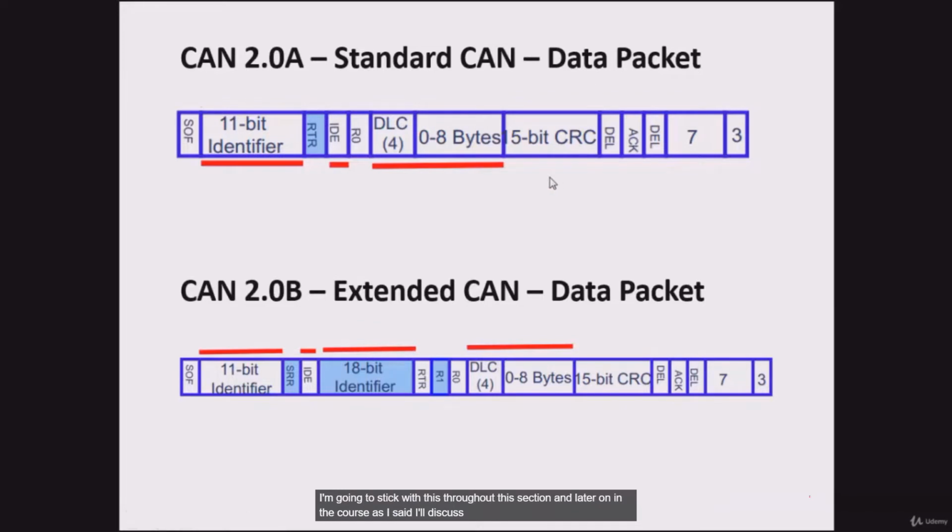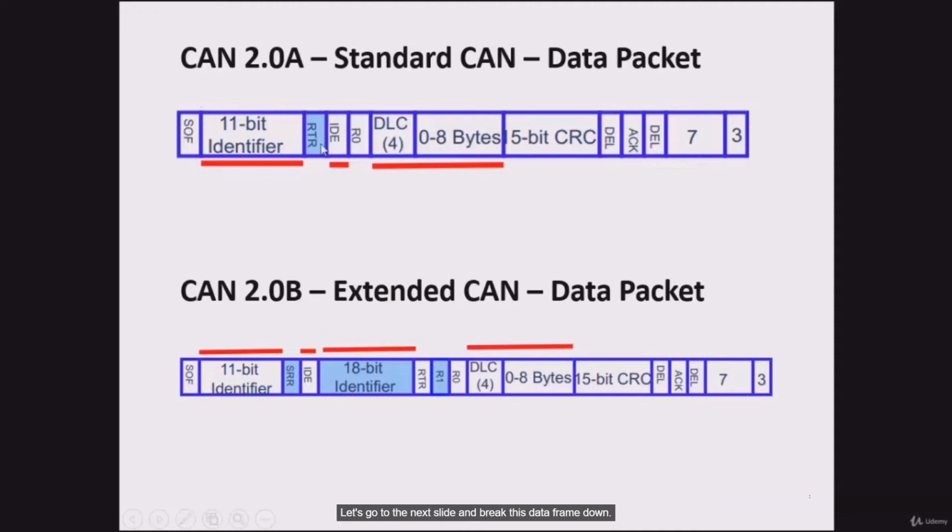And later on in the course, as I said, I'll discuss 2.0b and also something called CAN flexible data rate. So just browsing here, you'll see the notation that I'm using: a small block like this is 1 bit. This is 11 bits. I'll tell you what DLC is. This is the data byte section. This is something called CRC, end of frame, and so on. There are different sections and each section has its own purpose.